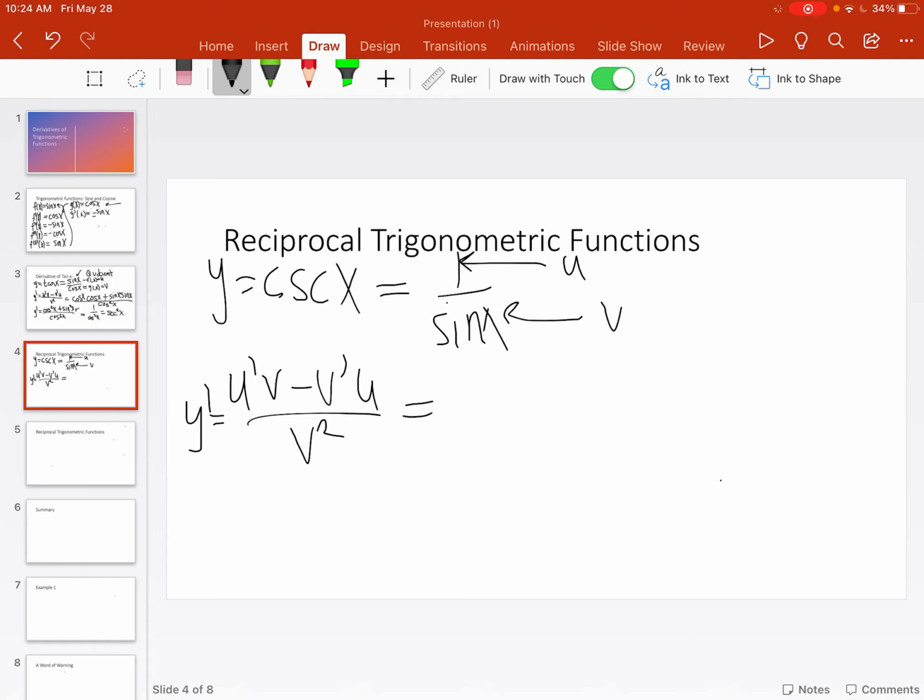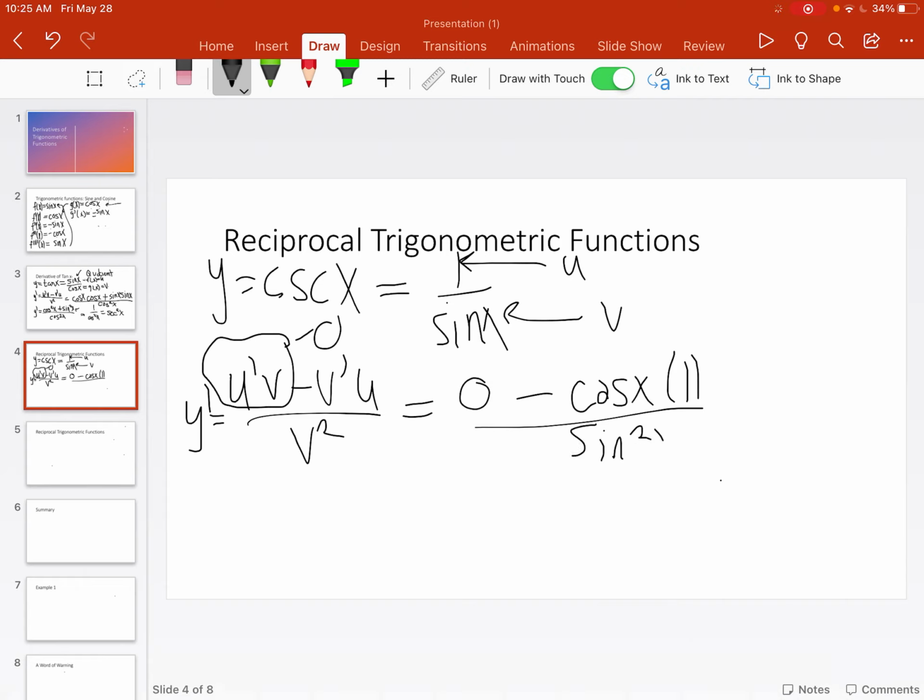What's the derivative of a constant function? It is 0. So this whole term is just 0. So I'm not even going to write the denominator times the denominator. I'm just going to go to the next term. Well, what's the derivative of the denominator? Well, we found the derivative of sine x, and that is cosine x, times the numerator, which is just 1, all over the denominator squared.